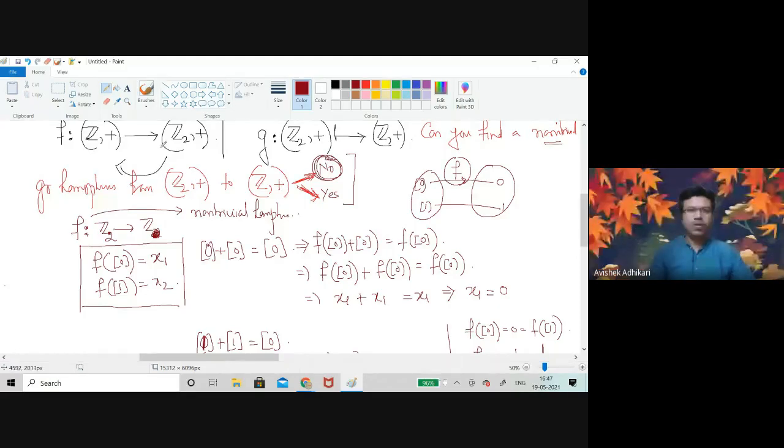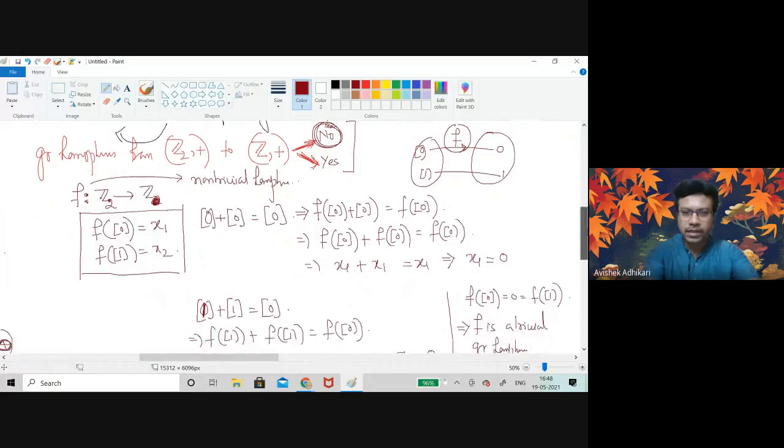But if I change the direction, there exists only one homomorphism. So the important point is, if a function f from G to H is a homomorphism, that does not imply that the opposite direction will also hold simultaneously. This is an example where if you change the direction, the homomorphic properties may vary. Okay, clear?